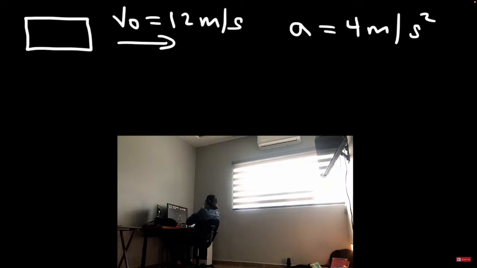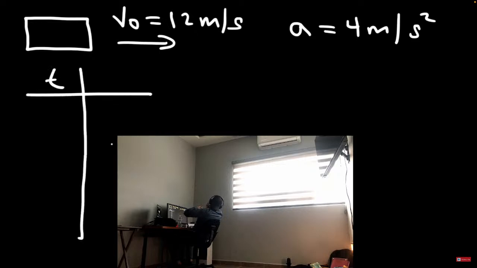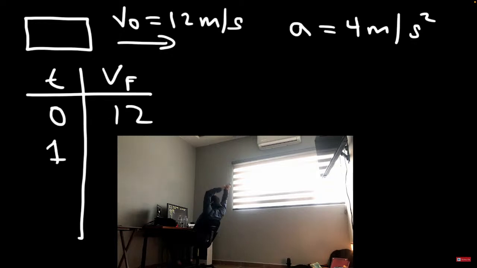So what does that mean? If we make a table, if we plot time and velocity, let's say the final velocity at a certain time, at t equals 0, this becomes the initial velocity, so it's 12. What will the velocity be 1 second later?